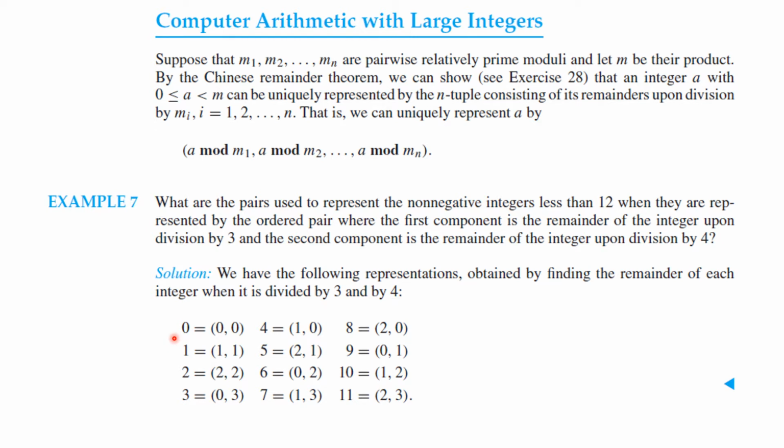So you see these are the possibilities: 0,0; 1,1; 2,2; 0,3; 1,0; 2,1; 0,2; 1,3; 2,0; 0,1; 1,2; and 2,3.